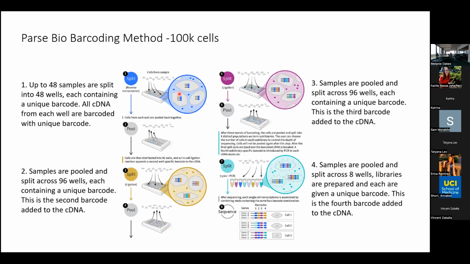So you've got 1, 2, 3, all the way down to 4 barcodes. Because you have these different combinations, I'm not going to give a number. I tried to remember that, but I'm going to get in trouble if it's a lot. Okay. So now that you've added this barcode, you go ahead and you make the library, you sequence it, and all of the RNAs from one cell should have that same sequence of barcodes, okay?